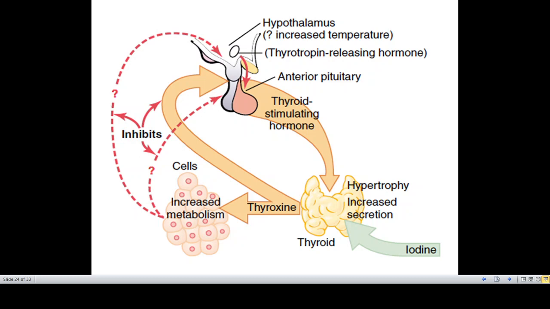So thyroid stimulating hormone then acts on the thyroid gland, causing hypertrophy and increased secretion of the thyroid hormones, and these thyroid hormones like thyroxine cause an increased metabolism in all the body cells, which then inhibit the secretion of both thyroid stimulating hormone as well as thyrotropin releasing hormone.